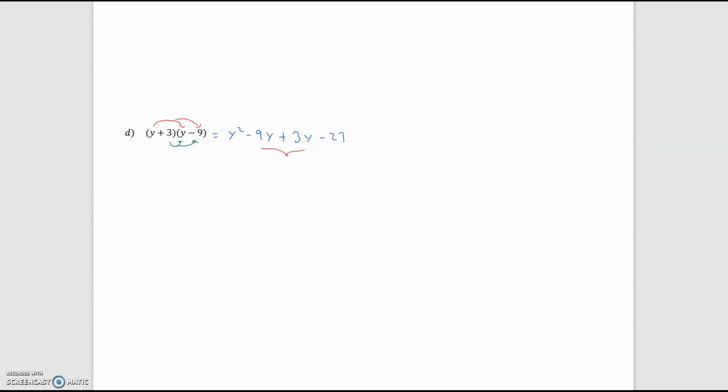And then also check for like terms. We do happen to have like terms here. And this one ends up being y squared minus 6y minus 27. That's it for D.